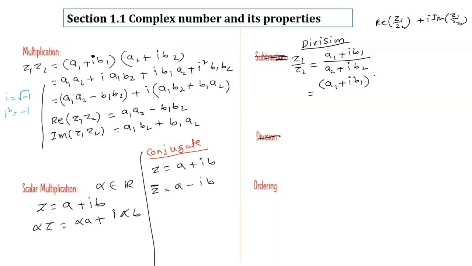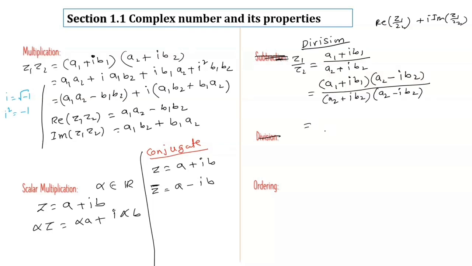So a1 plus iota b1 multiply a2 minus iota b2 over a2 plus iota b2 and a2 minus iota b2.